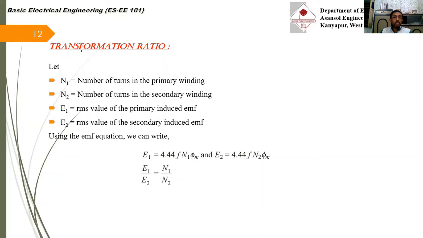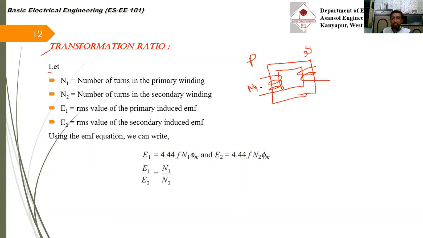Now, what is transformation ratio? Let N1 be the number of turns in the primary winding. Suppose this is the core, and in the transformer this is our primary and this is our secondary.